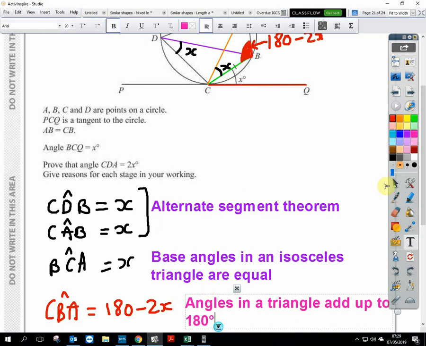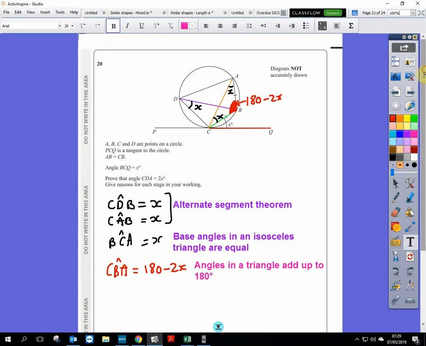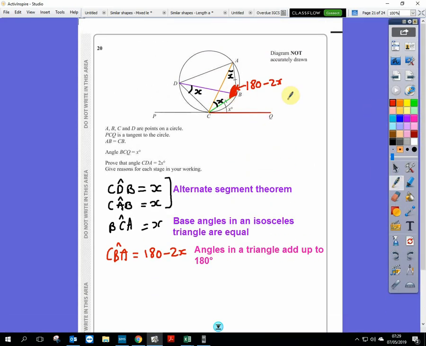Okay, and then finally, let's just zoom out a bit so we can see what's going on. We have a cyclic quadrilateral here. So what we know is this angle here plus this one here should add up to make 180. So we need to write a little statement down.